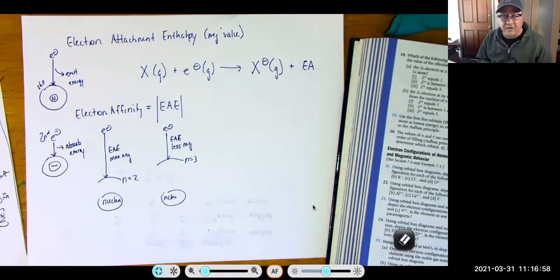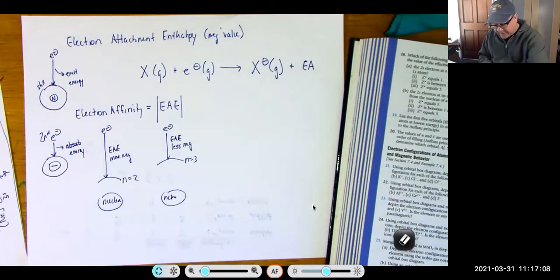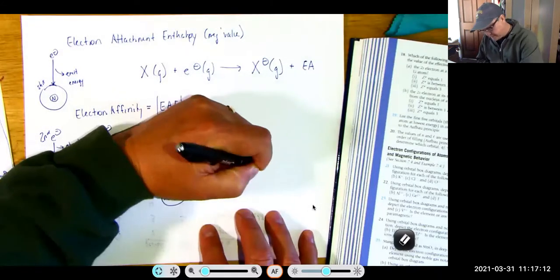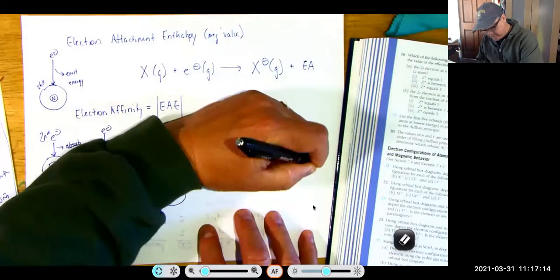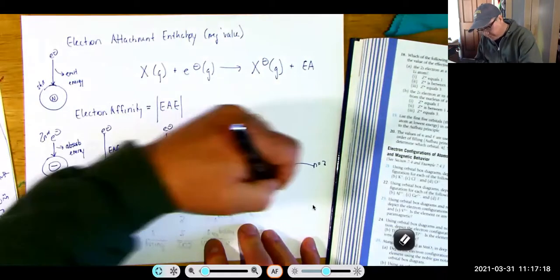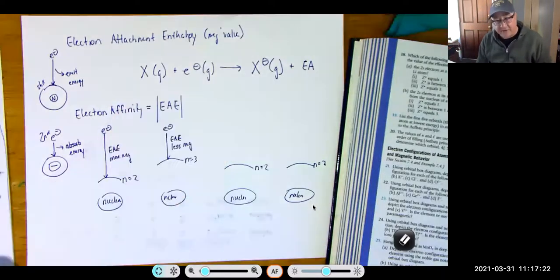The lower the shell, the bigger the release of energy. Now, what else would impact that? Suppose they end up in the same shell. Well, then you have to look at other factors, and usually it's the nucleus.